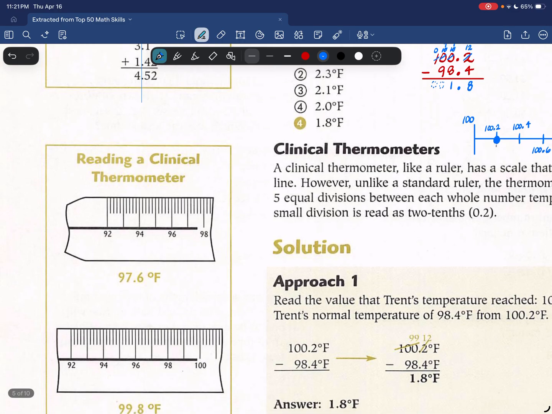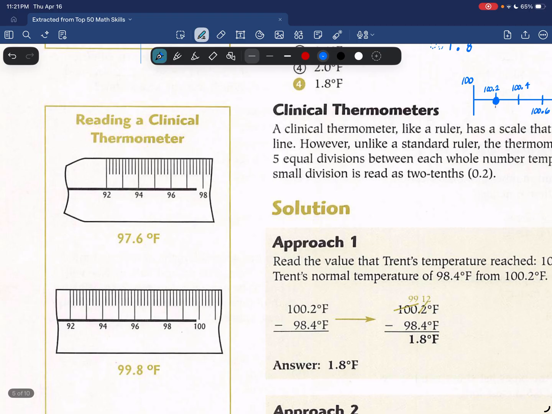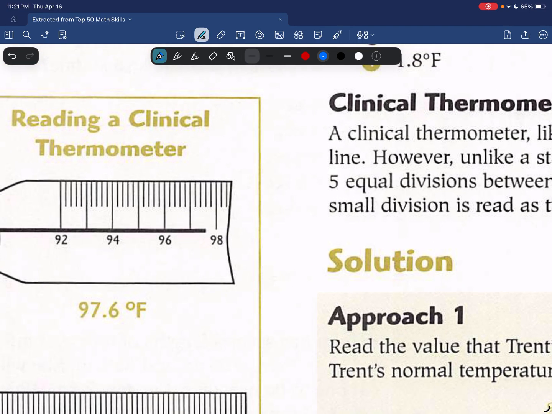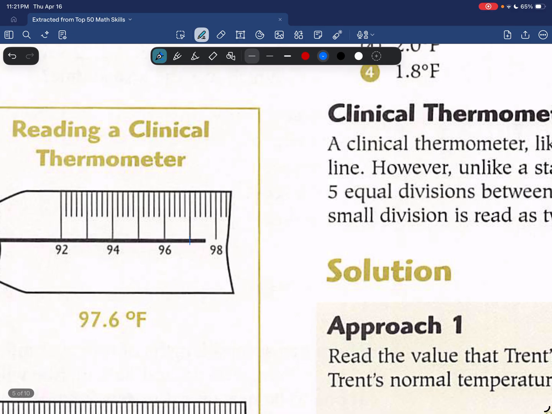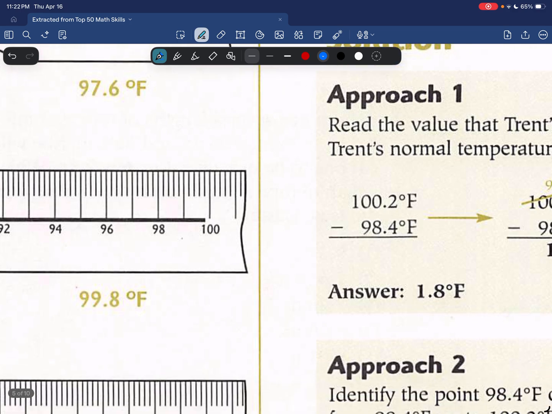If you are reading a clinical thermometer, this is showing 97.6 because here's the 97 mark, and then each of these is 0.2. So there's 97.2, 0.4, 0.6, and that's where we are lined up.